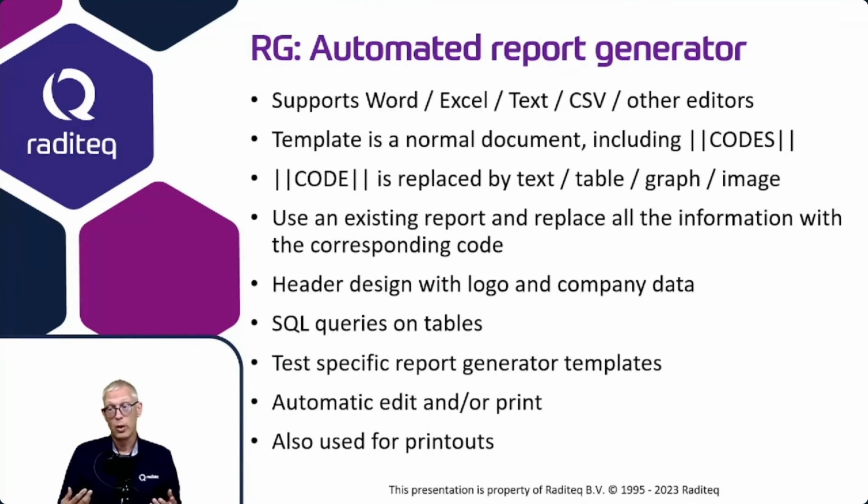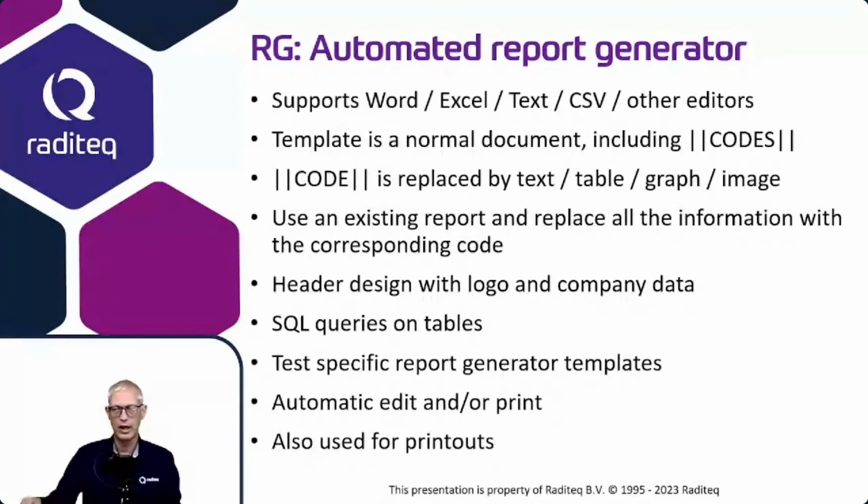A very easy way to start, since sometimes it's overwhelming for new end users to create this template: what we advise is to just use an existing report and then do a reverse translation.